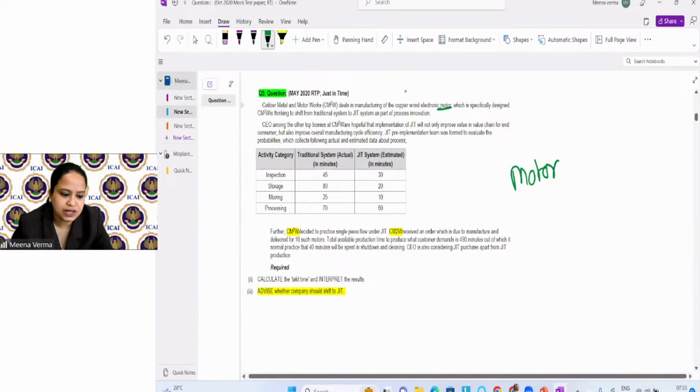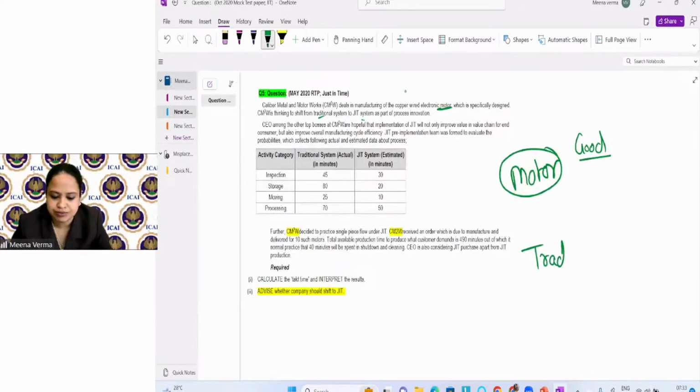The company is thinking to shift from traditional to just-in-time system. Let's see, is it possible for us to implement just-in-time system?